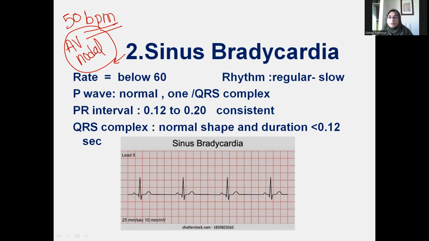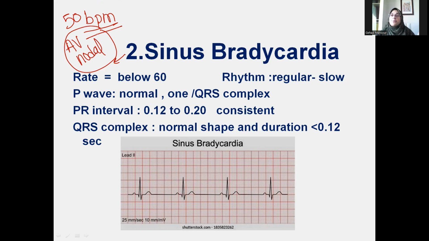You have to ask yourself, is this sinus bradycardia or is this AV nodal rhythm? You have a regular rhythm whose rate is 50 beats per minute, so it might fit into sinus bradycardia or fit into an AV nodal rhythm. So you have to check the rest of the characteristics. If you find out that all the criteria fit with sinus bradycardia, then it is sinus bradycardia.